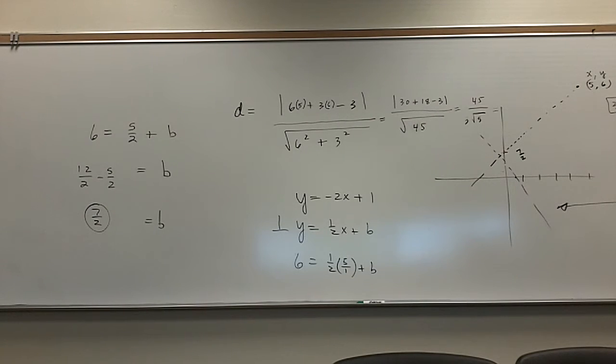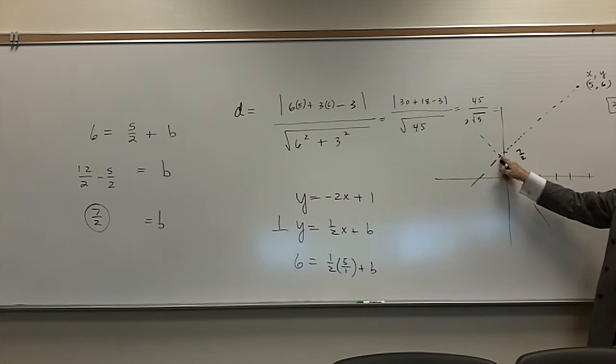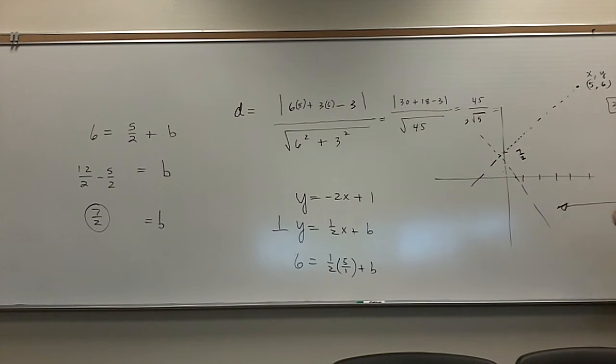So there are many applications for this type of stuff. Now, I'm not going to set these two equations equal to each other to find this point because it may be ugly, involving a bunch of fractions and decimals and whatever else.